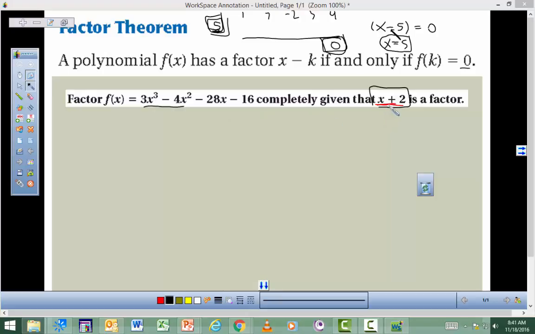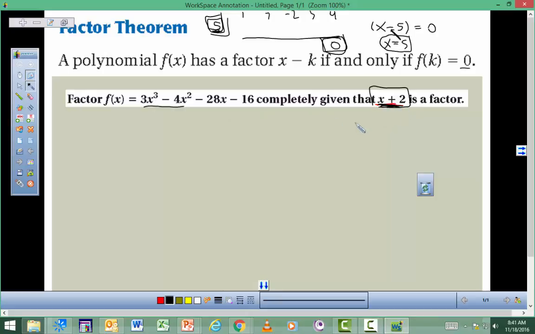Okay, so if this is a factor, what you're going to do is set up your box again. You're going to do some synthetic division again, or synthetic substitution. And so you write down 3, minus 4, minus 28, minus 16.